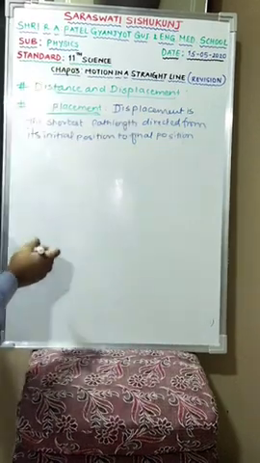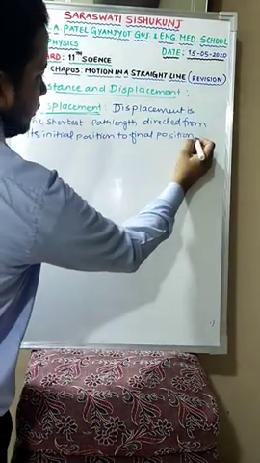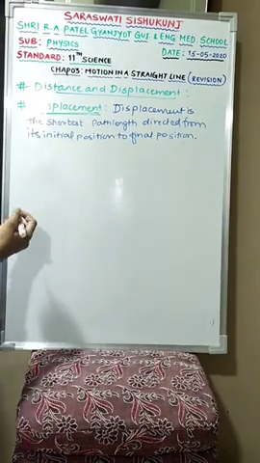Our displacement is the shortest path length between initial and final position. That is nothing but the displacement. Is this clear?